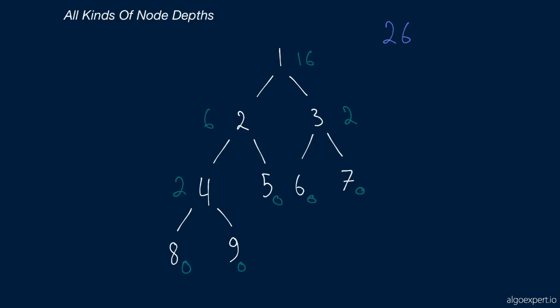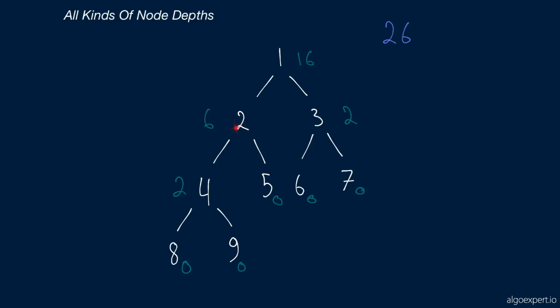Now, if we look at the binary tree rooted at 2, the depth of the node with value 2 relative to the binary tree rooted at 2 is 0. The depth of the node with value 2 relative to the binary tree rooted at 1 was 1, because 2 was one level lower than 1.